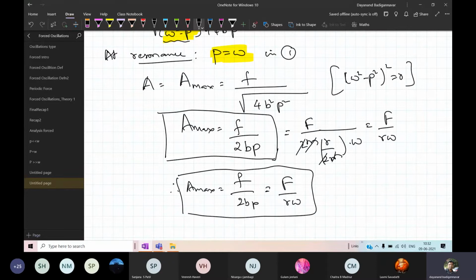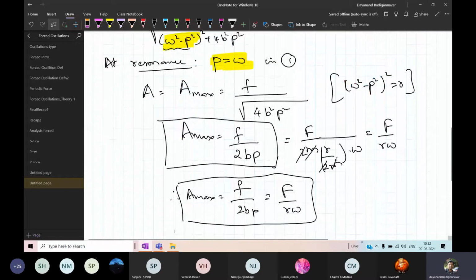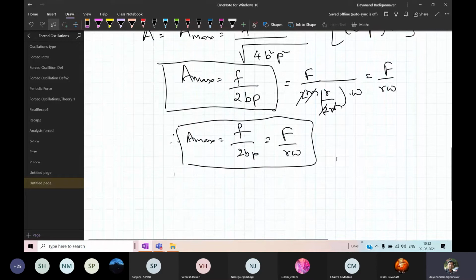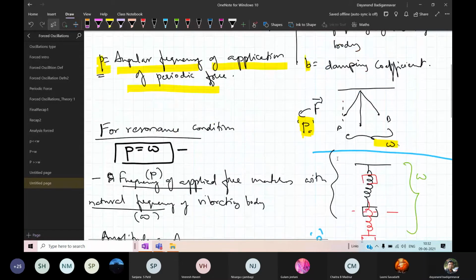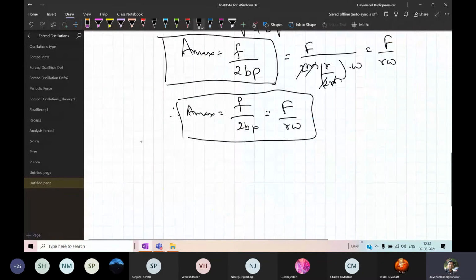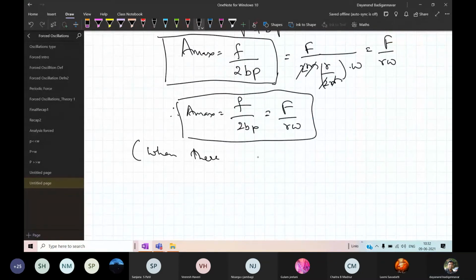Now, I hope you have taken down this. This is the case, the first one, keep in mind, when there is no damping, that is B is equal to 0. When there is no damping, this is true.